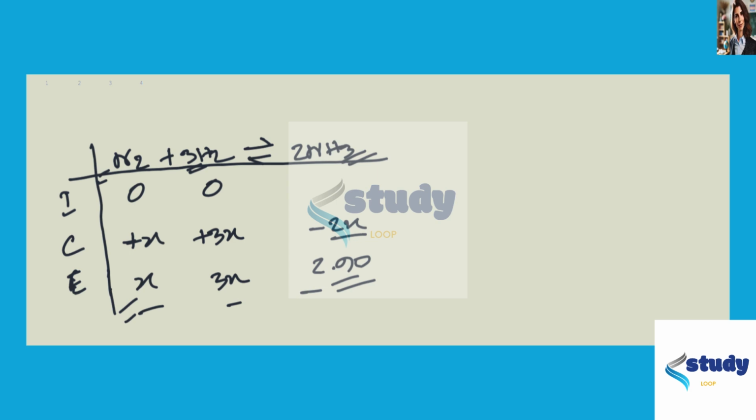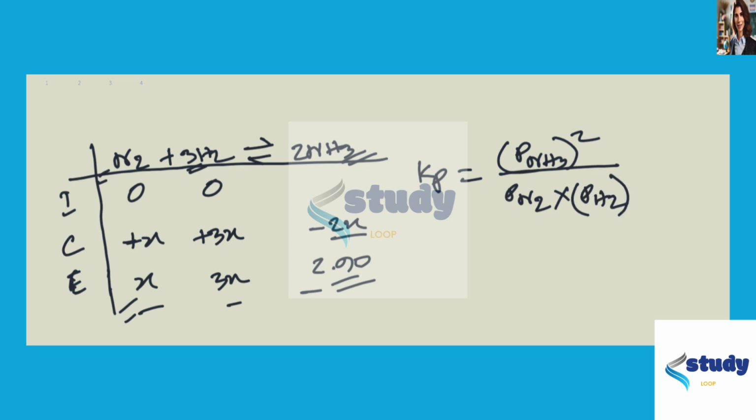Now we'll plug these values into the equilibrium constant expression. The equilibrium constant in terms of pressure for this reaction is the partial pressure of the product, PNH3, raised to the power 2 because it has a coefficient of 2. In the denominator we have the partial pressure of N2 times the partial pressure of hydrogen, which is raised to the power 3 because it has a coefficient of 3.